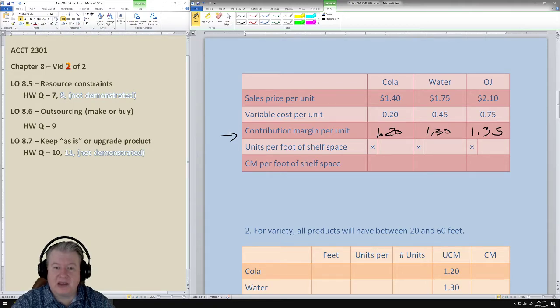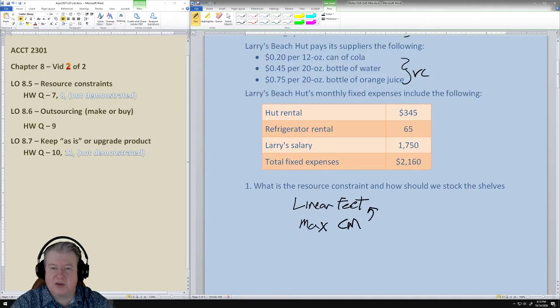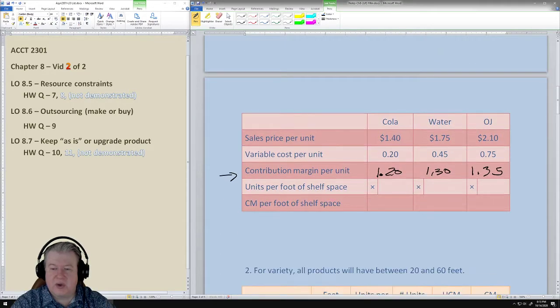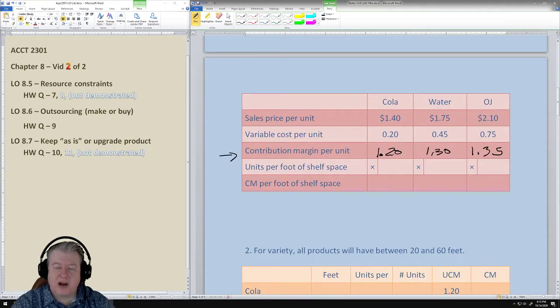But because we're actually doing it by linear foot, we have to go back up and remind ourselves. For cans of cola, it is 5, and for bottles, it's 3. So remember we're trying to figure out not the contribution margin per unit, but the contribution margin per linear foot. And that way, that helps us see the differences. I guess put the cans and the bottles on even footing.